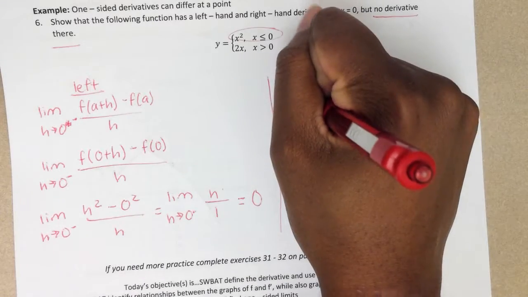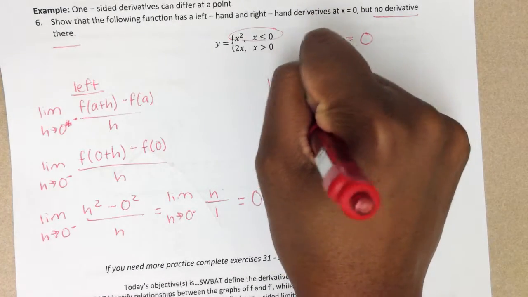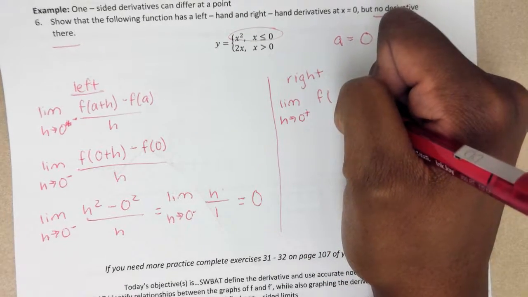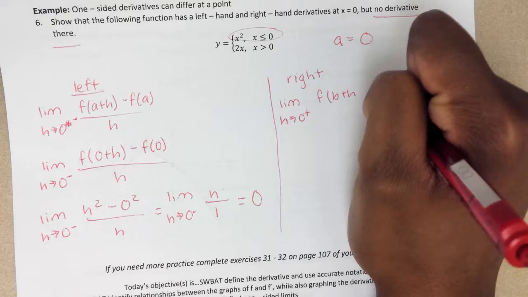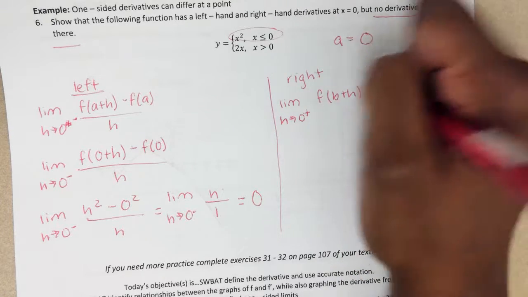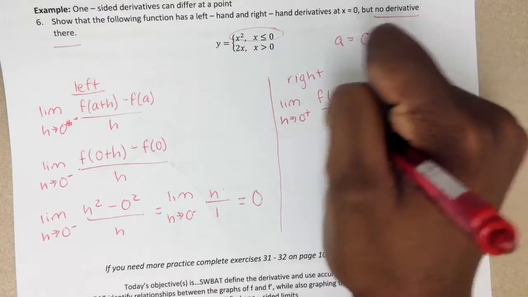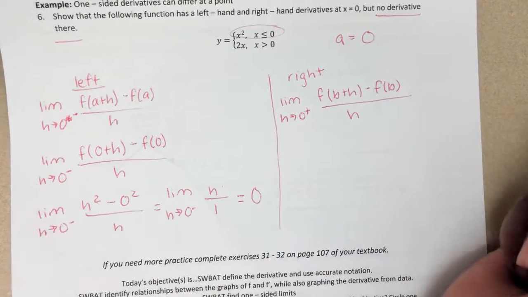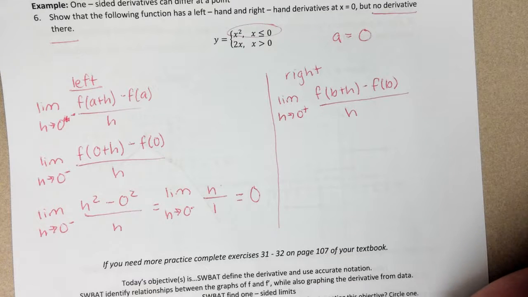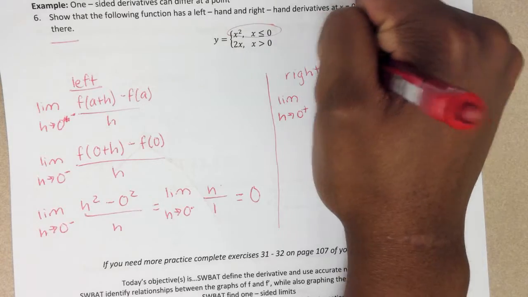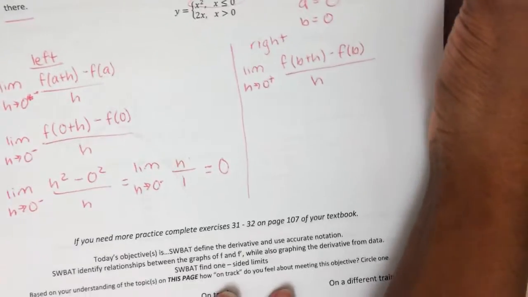We want the limit as h approaches 0 from the right of f of b plus h minus f of b over h. So in this case, b and a are going to be the same number since we're looking at a point.